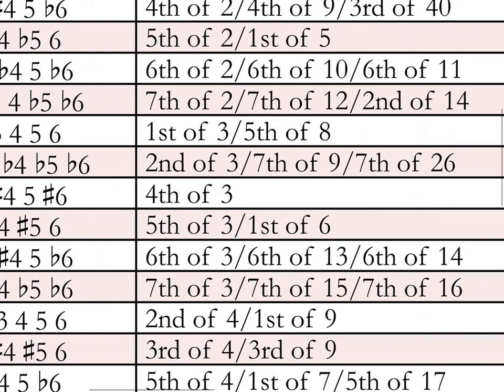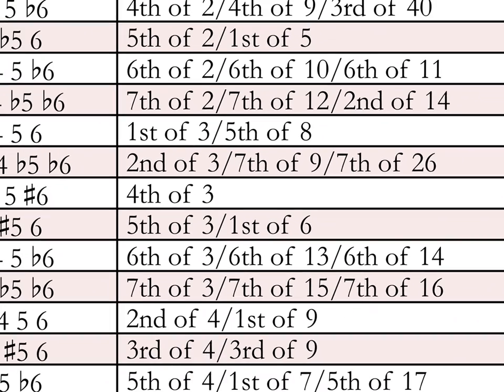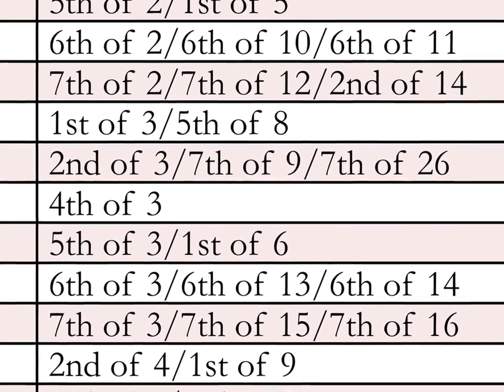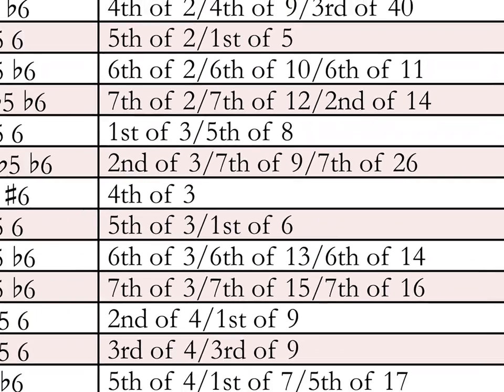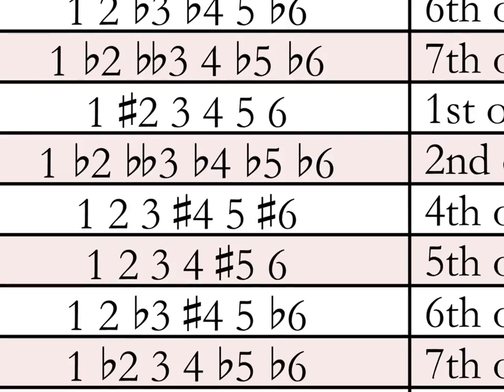Moving to the right, you can see that there are 3 different possibilities that you can derive this 6-tone scale system from: the 2nd of 3, the 7th of 9, and the 7th of 26, which would mean the 2nd mode of 7-tone scale system 3, the 7th mode of 7-tone scale system 9, or the 7th mode of 7-tone scale system 26. And remember this intervallic formula: the flat 2, double flat 3, flat 4, flat 5, and flat 6.